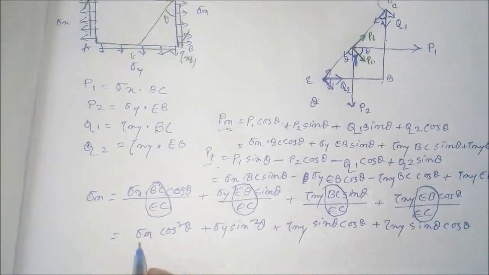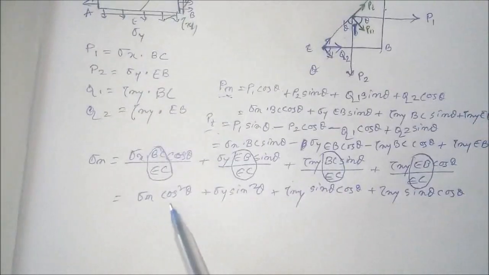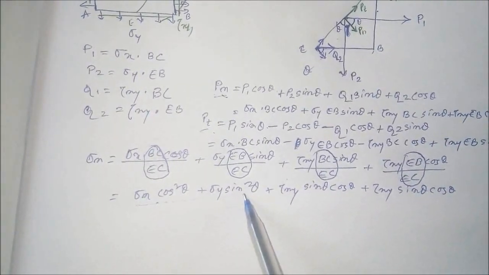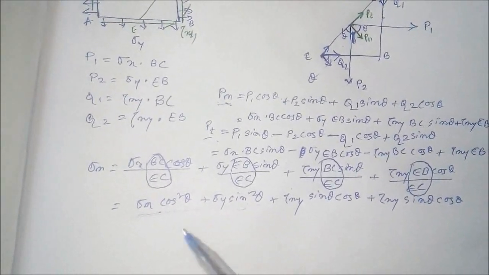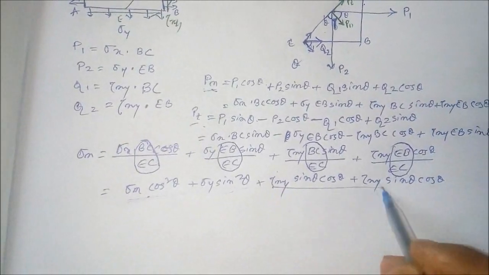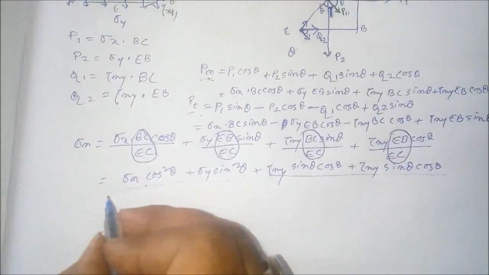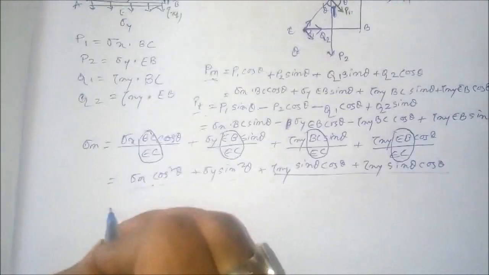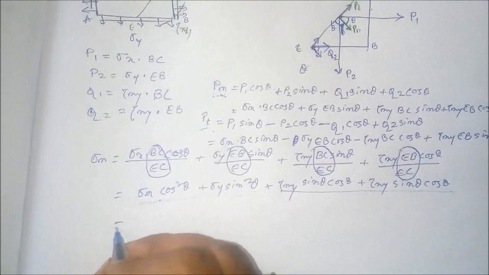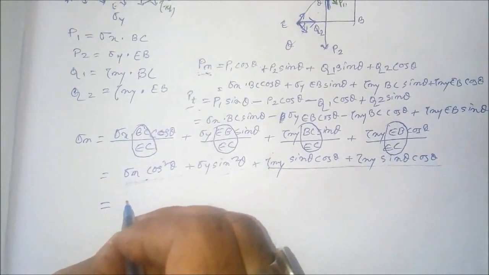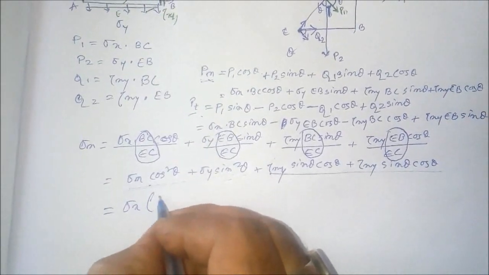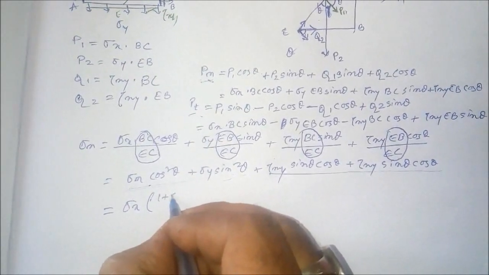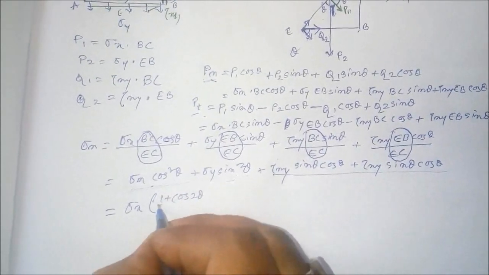So we are getting two types of elements. This element we have already seen in the next to last example, and this we have already gone through in the last example. So this is a combination of those two. After simplifying this, we can get sigma x, 1 plus cos 2 theta divided by 2.